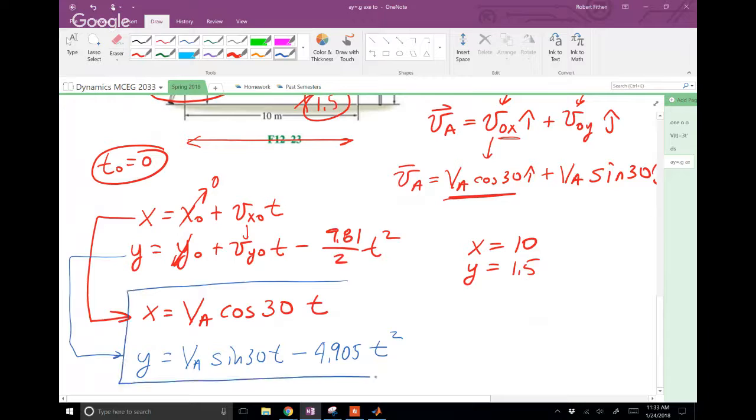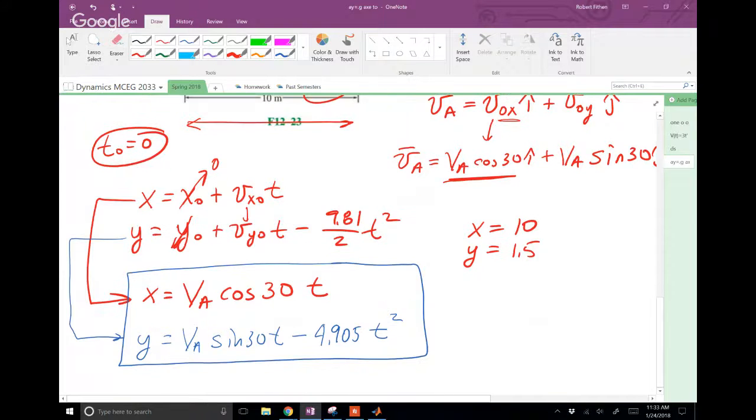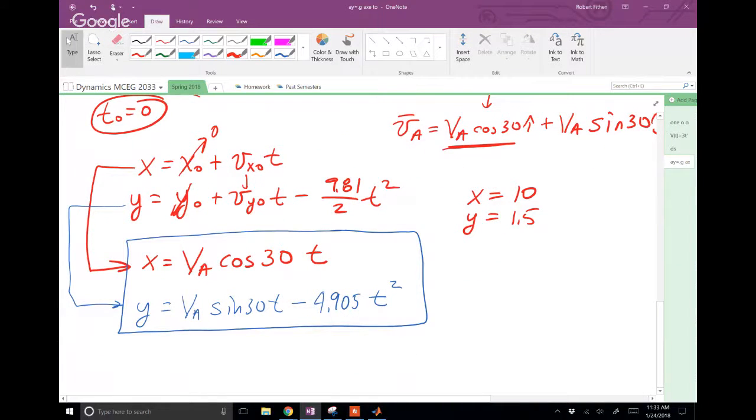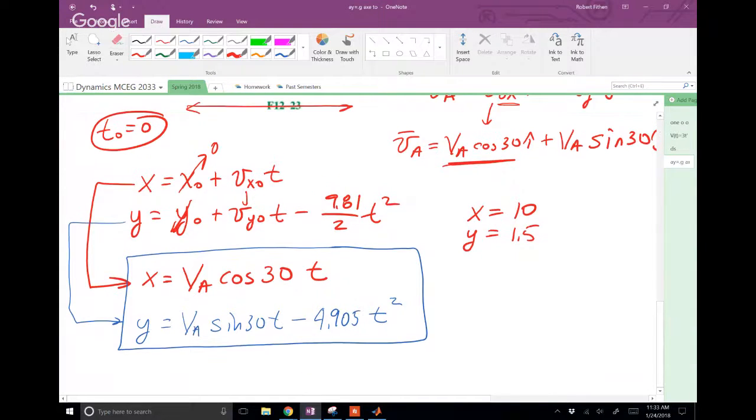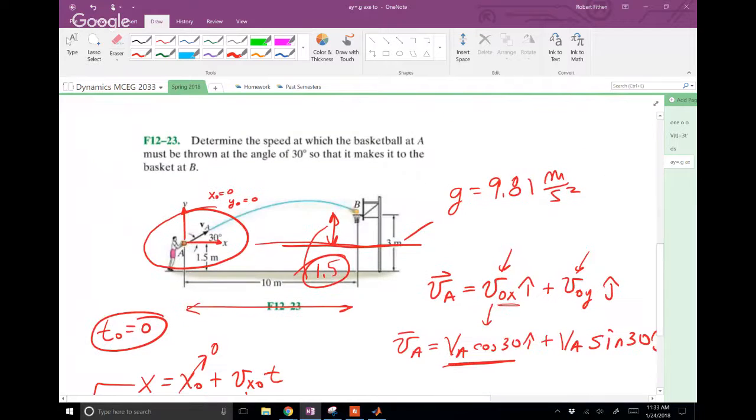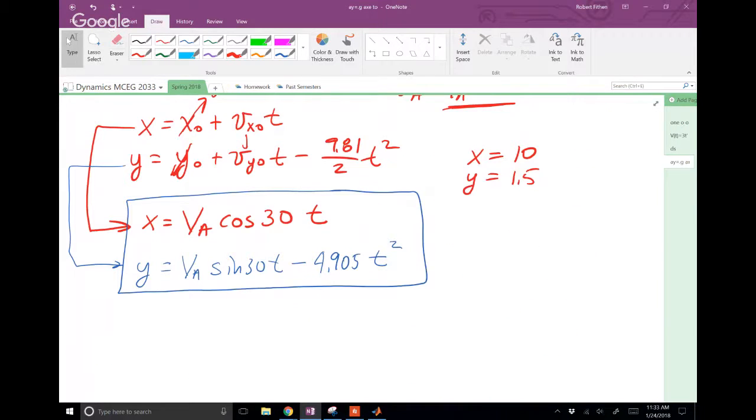With these two, again, it depends on what you want to do. Me, I would tend to say, I like to see one equation to deal with. One of the things I can do, let's see, how could I do that? There's 2 or 3 ways I could do it.